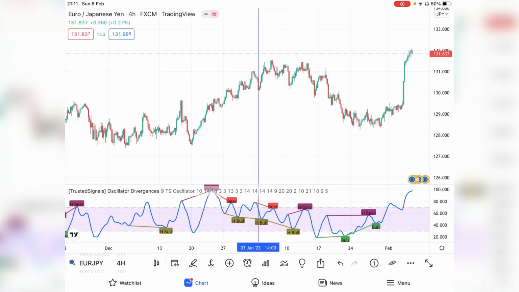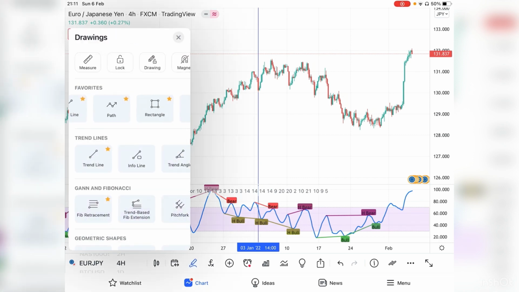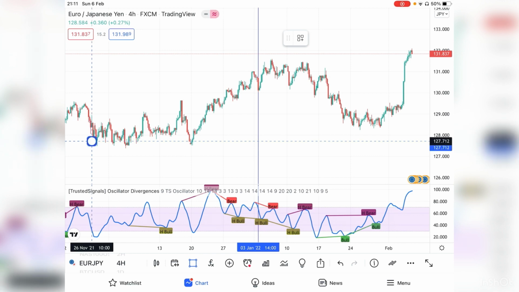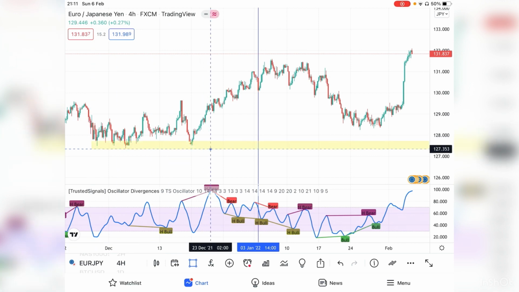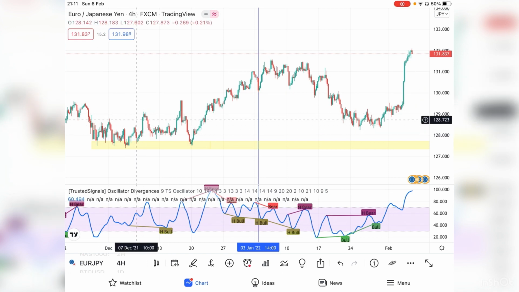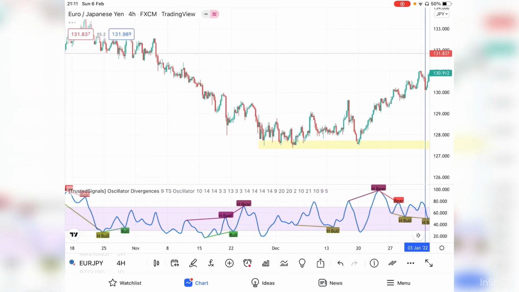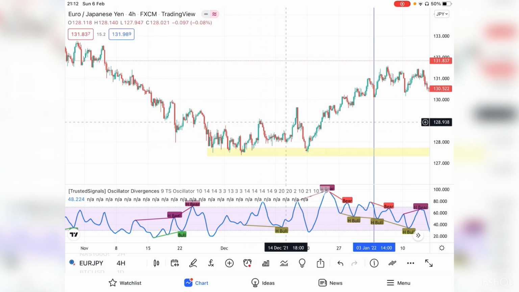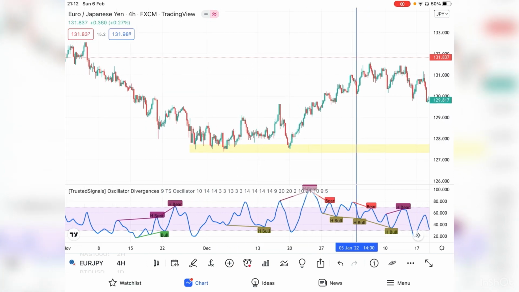On the H4, we can see we had a strong support here that price repeatedly bounced off. Here EJ was on a downtrend, but then EJ started to break structure to the upside and change the momentum to the upside and became bullish.